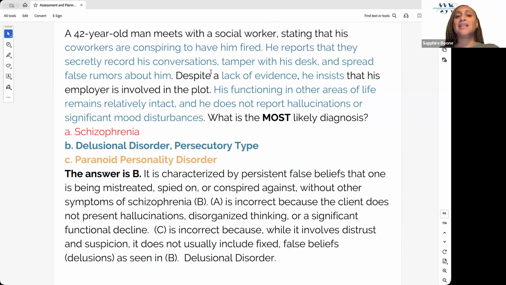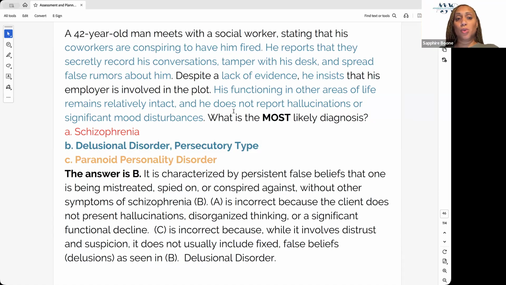So see where it says, despite a lack of evidence, he still is saying this is happening. Versus just having, remember, personality disorders are kind of like things that are part of our personality, but like the bad parts, right? So you could have someone that's having that distrust or suspicion, but when you have something that is fixed, no matter what we say, that person is going to keep that false belief.